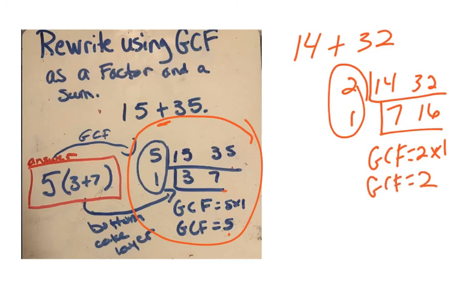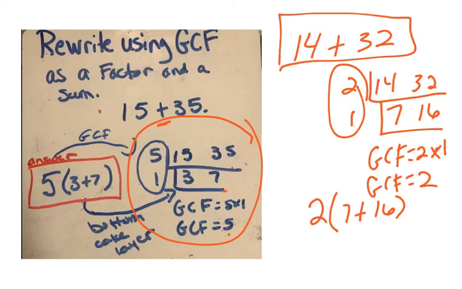So then I will rewrite this as 2 outside parentheses and then 7 plus 16 inside the parentheses. And I'm going to check my work by doing the multiplication to see if I get what I originally started with. So 2 times 7 is 14, plus 2 times 16 is 32. I am right.